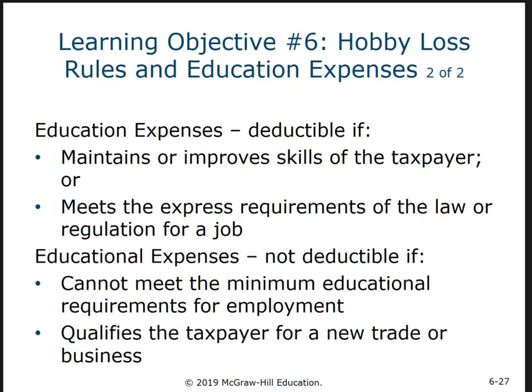So you'll have to use some of the other deductions, the deduction for tuition that we talked about back in chapter 5 or 4, I believe, or one of the education credits we'll discuss later.